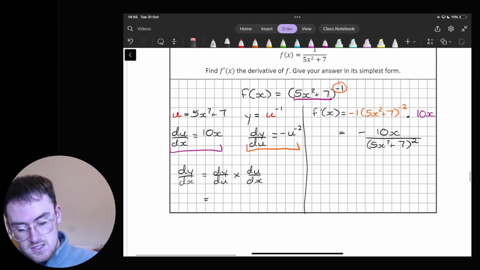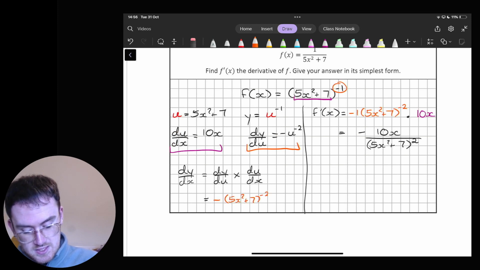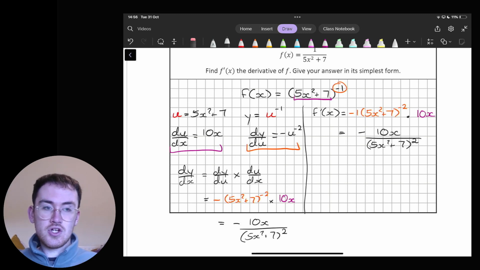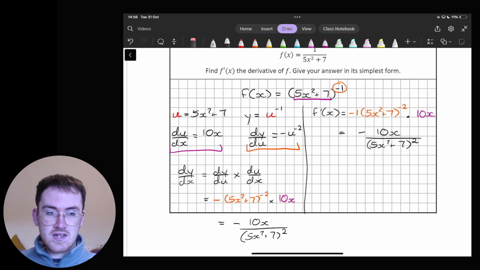So dy du is minus, let's fill in what u is, 5x squared plus 7 to the power minus 2, times my 10x, and I end up with the same result as I had on the right hand side there. So either way works, and we should be able to see how I would move from one to the other.